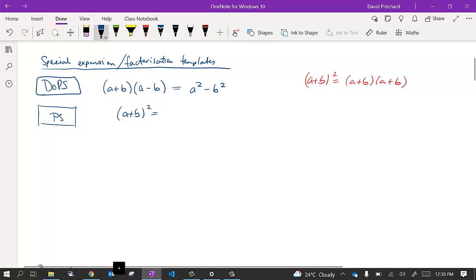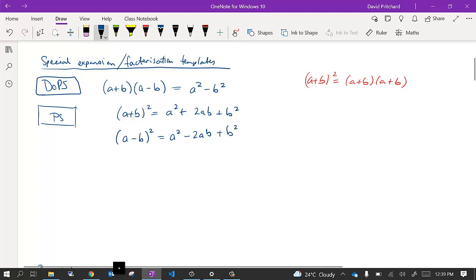And when we expand that out, we get a squared plus 2ab plus b squared. So this is a pattern that you should know and remember and be able to utilize to expand. We also have a square difference, so a subtract b all squared will expand to a squared take 2ab plus b squared.